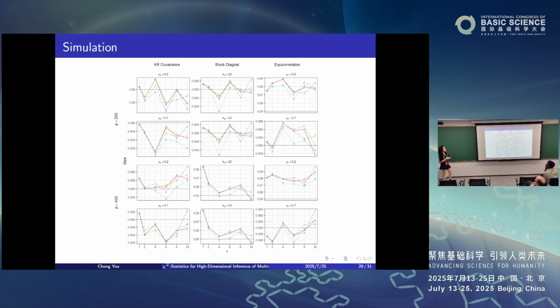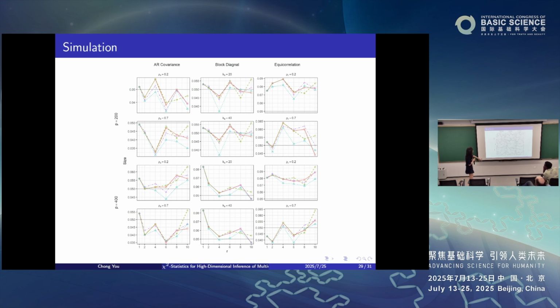In our simulations there are 4 lines. I introduced 3 test statistics before, and there's another one called Royal Max. All those 4 methods should be consistent with each other.